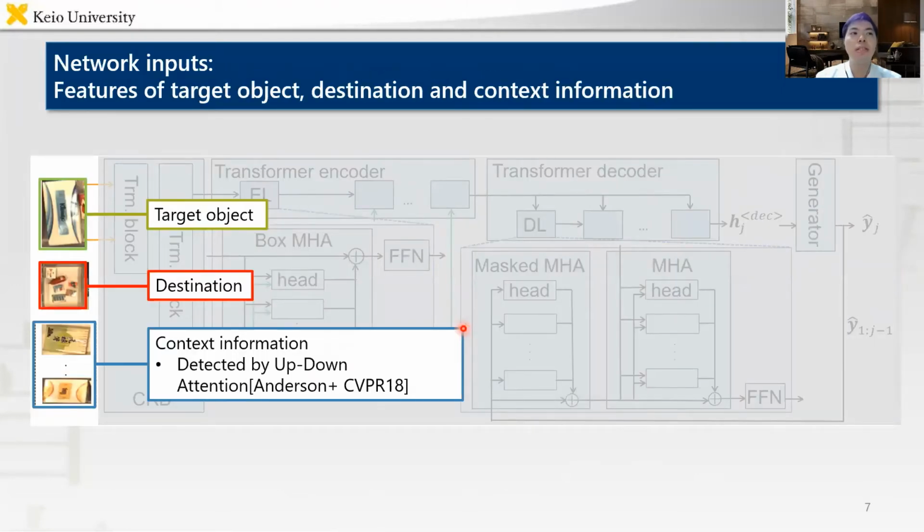The input to the CRT are the image features and coordinate information for the three types of preprocessed target object, destination, and context information. Here, the information given by the dataset is used for the target object and destination, but context information is automatically detected.